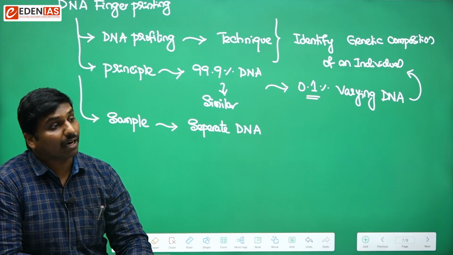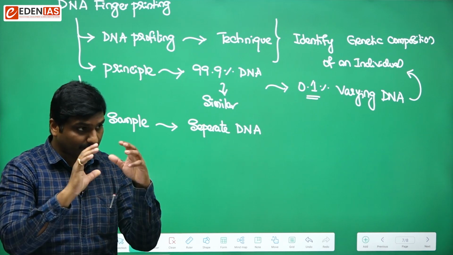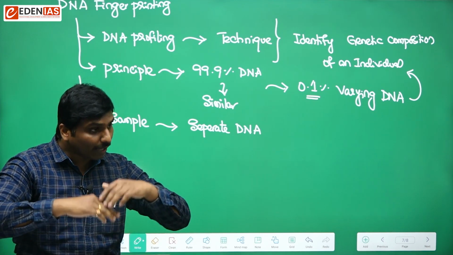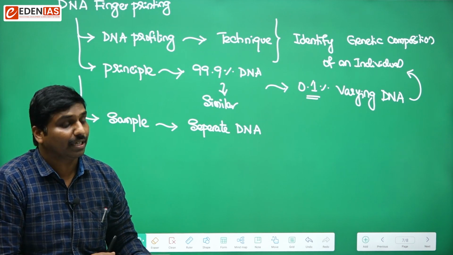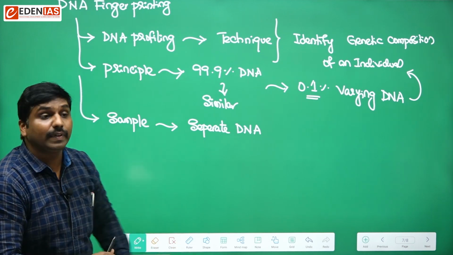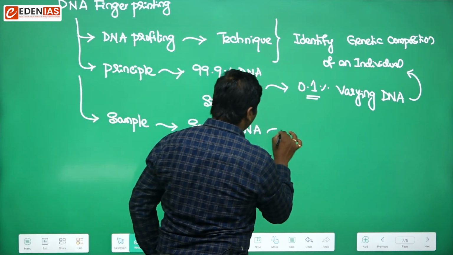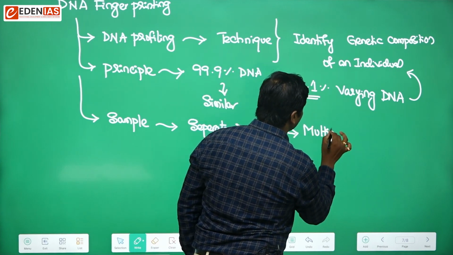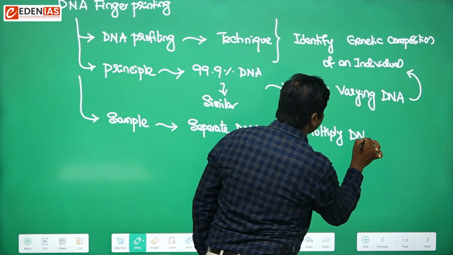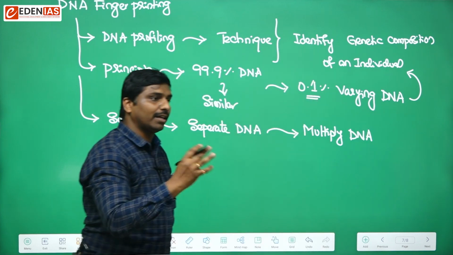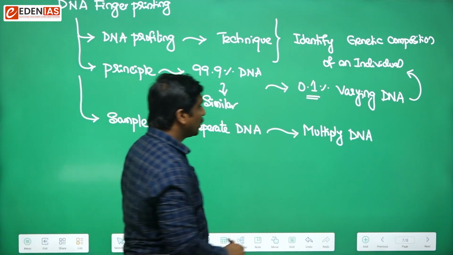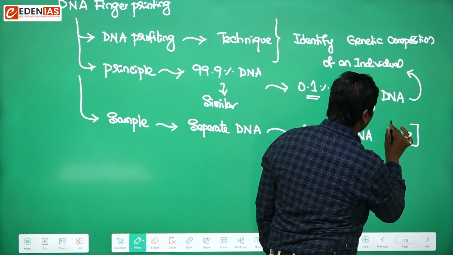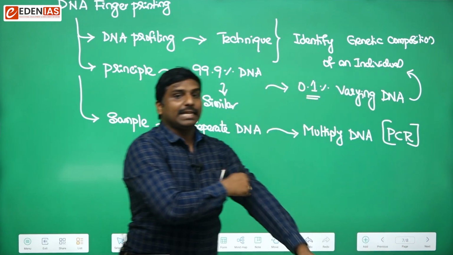So in order to properly identify the genetic composition, we need to amplify the DNA sample. For that, we will try to multiply the DNA. What process would be used for multiplication of the DNA? It is nothing but PCR.